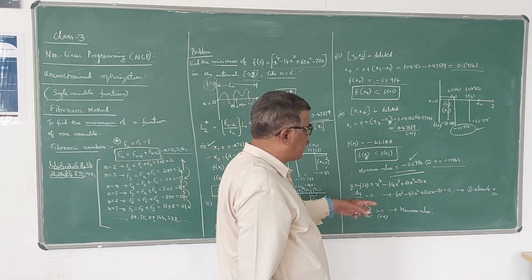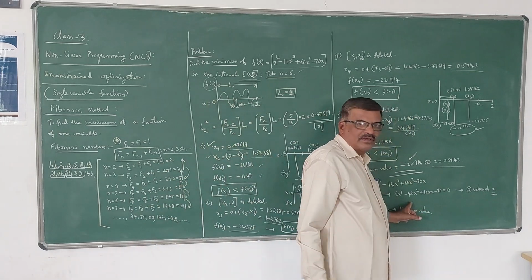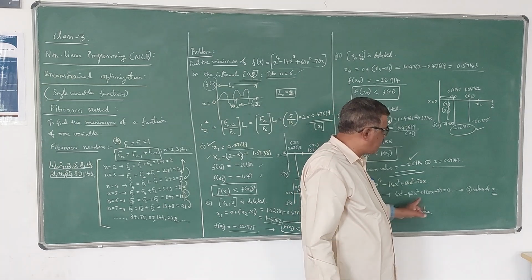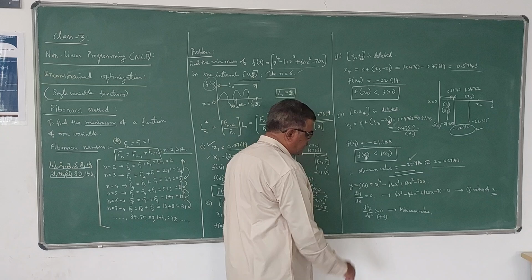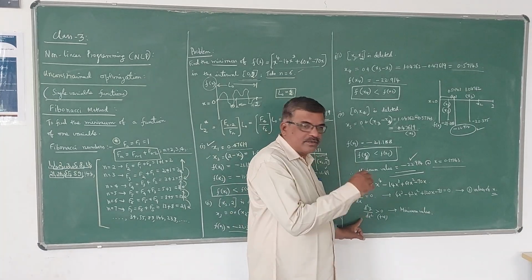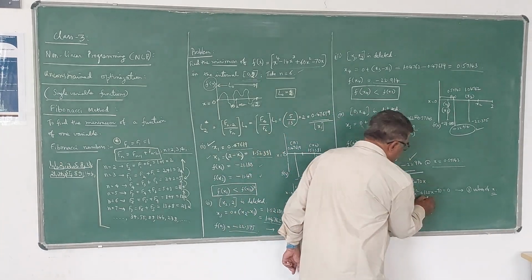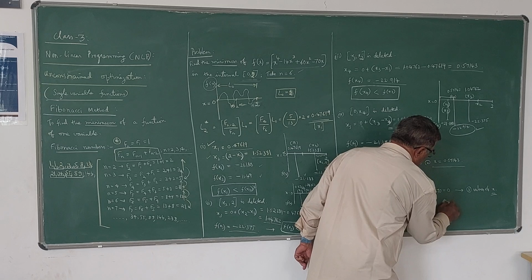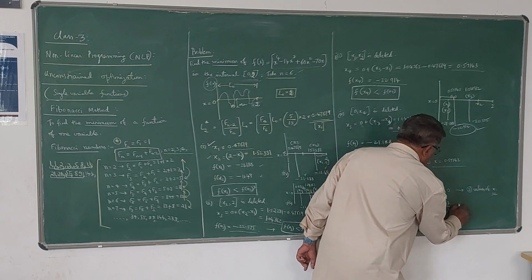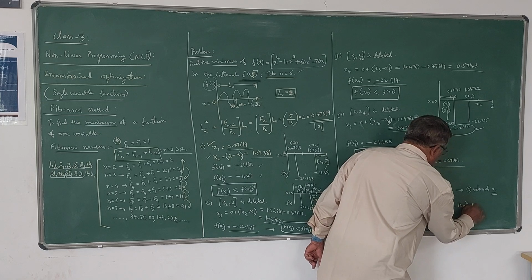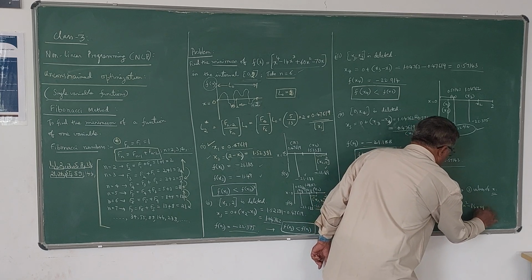So you will get 3 values of x by solving this. At each value of x, you find out the value of second derivative. Once again you differentiate this. You will get d square y by dx square. What is that? You are going to get 12x square minus 84x plus 120.